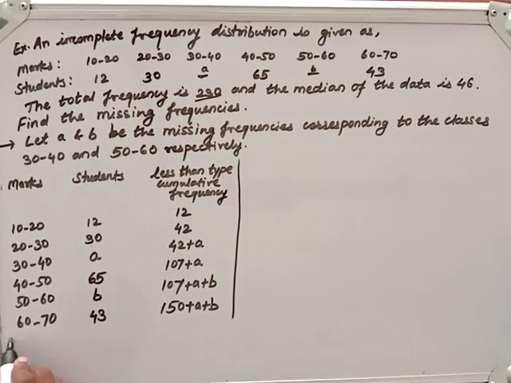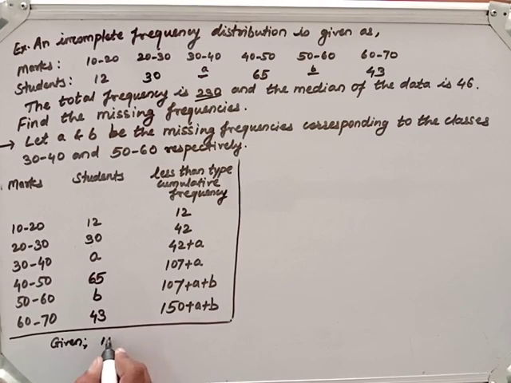Now what is given? Given that 150 plus A plus B is equal to summation Fi, that is equal to n. This is given to us as 230. 150 plus A plus B is 230.